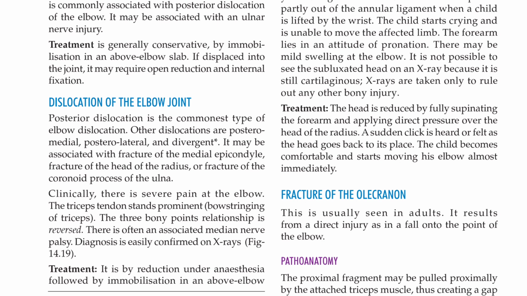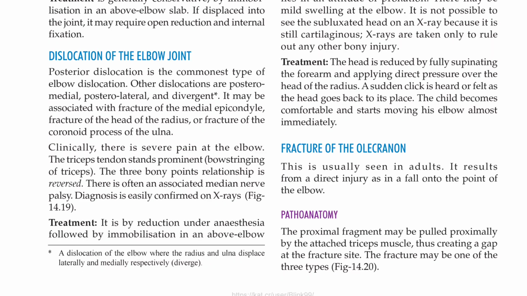So dislocation of elbow joint पढ़ते हैं. Posterior dislocation is the commonest type of elbow dislocation. Other dislocations are posteromedial, posterolateral and divergent. So what is divergent?